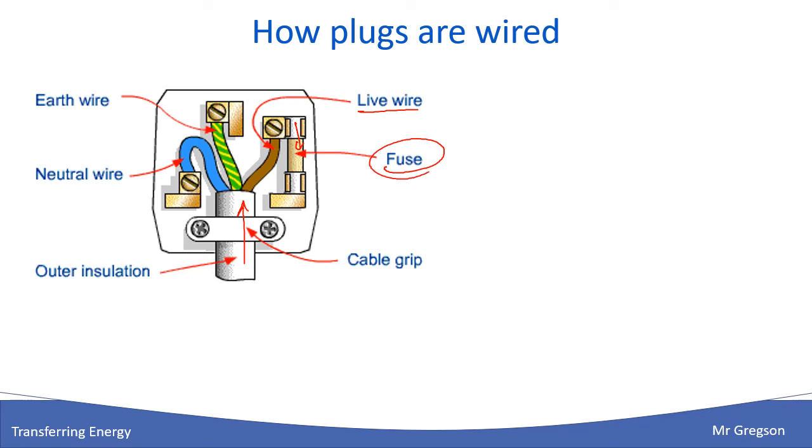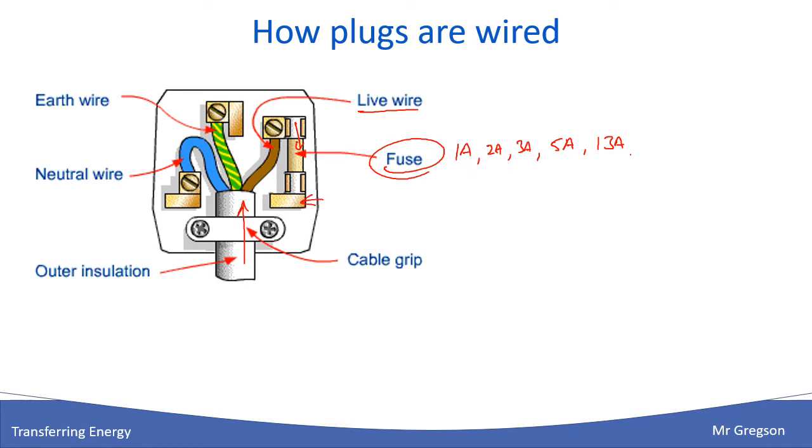Now, it might not be the only fuse, but almost every electrical appliance that plugs into the domestic will have a fuse. They will be different sizes depending on, they might be 1 amp, 2 amp, 3 amp, 5 amp, typical sizes of appliances.